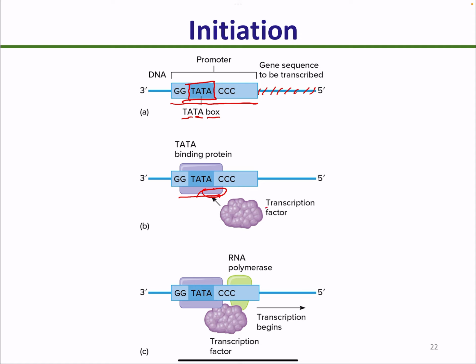So another transcriptional factor is going to come and bind here. And as now you have this complex, you're going to have RNA polymerase that is going to come so that transcription can start. Okay? Without that complex, forget about initiation of transcription.